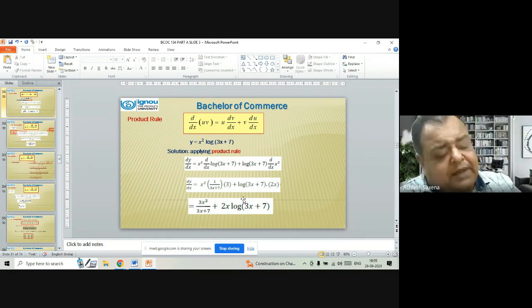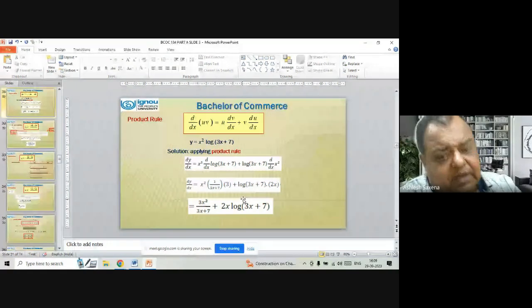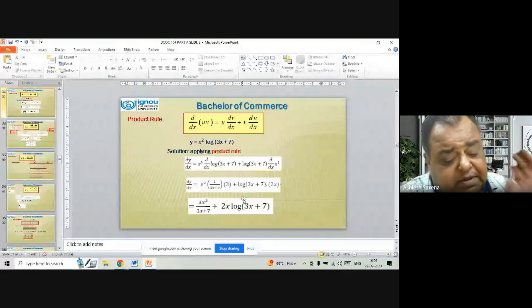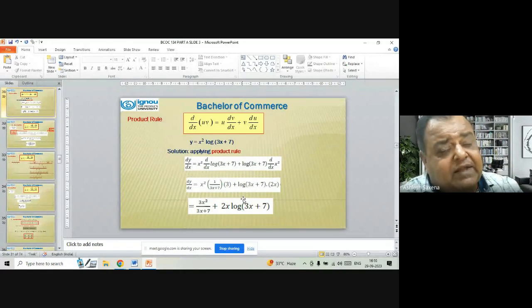We will be writing 1 upon 3x plus 7 into the derivative of 3x plus 7. The derivative of 3x plus 7 will be 3 only, and the derivative of x square will be 2x.